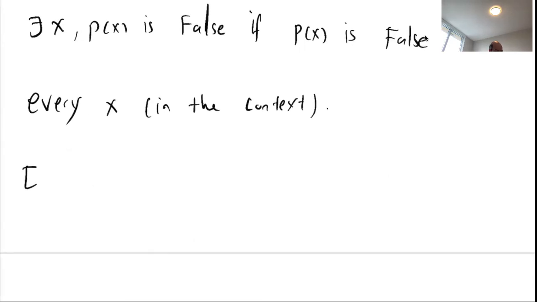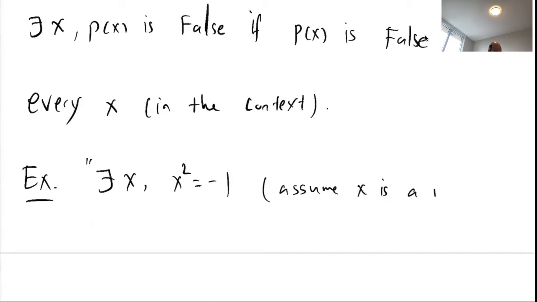Or let's look at also a mathematical example. Let's say, for example, there exists x with x squared equals -1. So can assume that x is a real number.